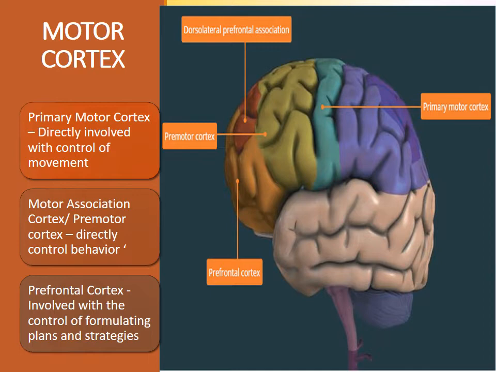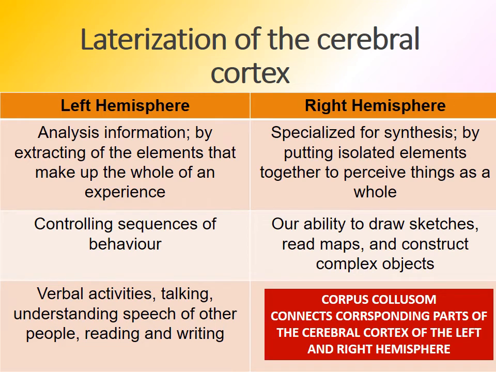The primary motor cortex is mainly involved with control of movement. The motor association cortex, or premotor cortex, is involved with directly controlling our behavior, and the prefrontal cortex is involved with formulating our plans and instructions.